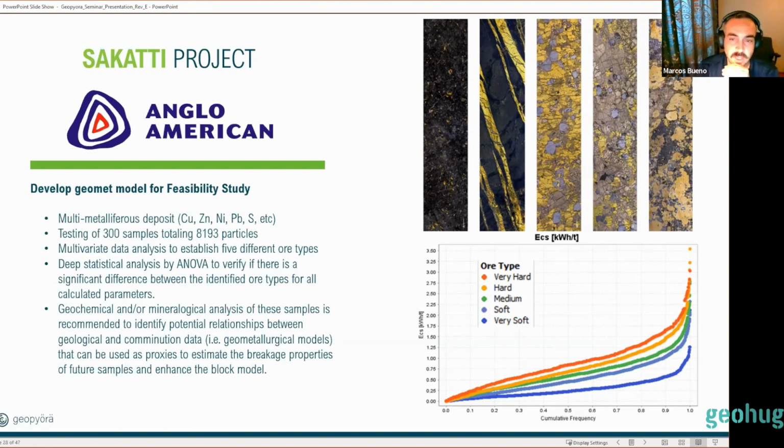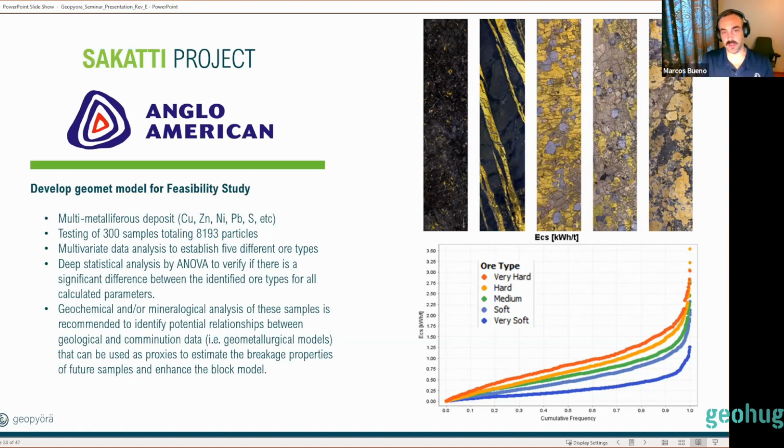And then we tested those, and I would like to emphasize that although it was 300 samples, in terms of particles tested it was more than 8,000 particles that we actually did measurements on. So we had a very large volume of data to be able to domain this material into 5 classes according to hardness. There you can see the distribution of the energy in kilojoules per ton for each particle measured in these different classes. They really set apart.